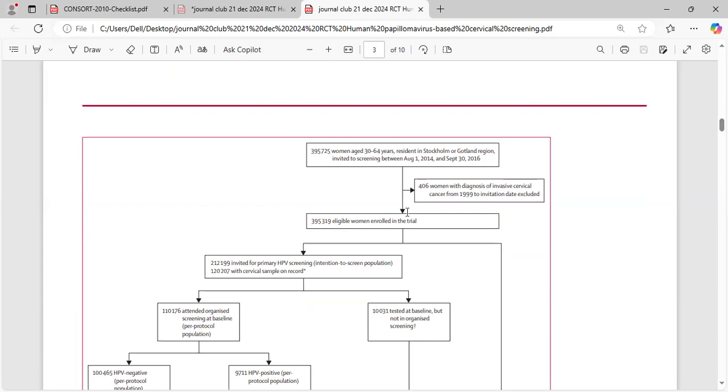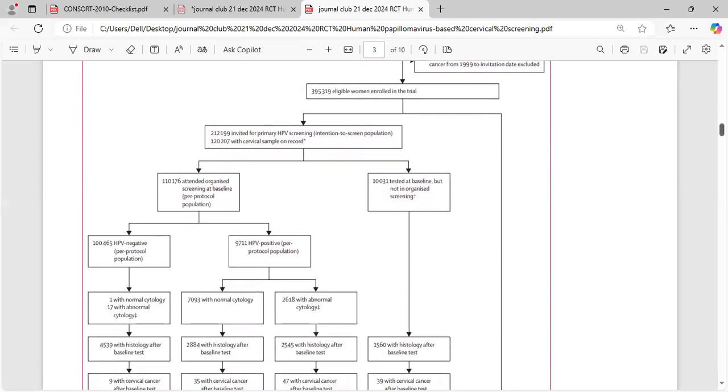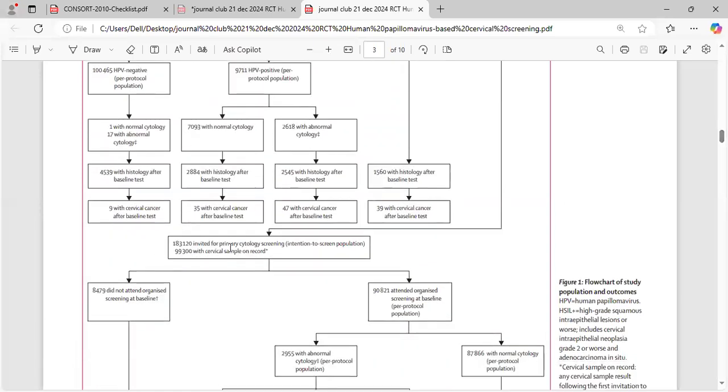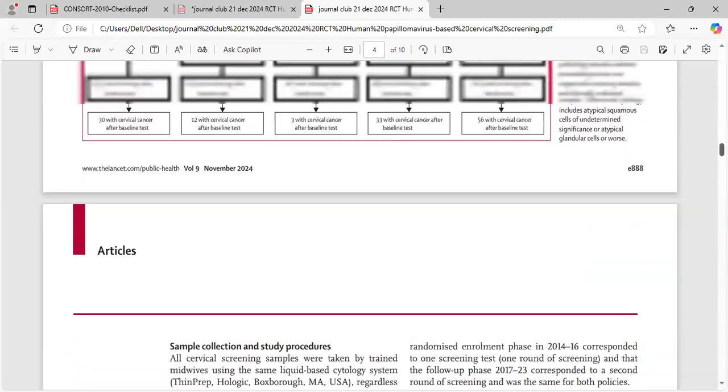They were excluded based on their cervical cancers. The leftover was 395,319. Then they were allocated into two groups: the HPV screening group and the cytology-based screening group, as given below here. So this is the flowchart diagram that is given here.